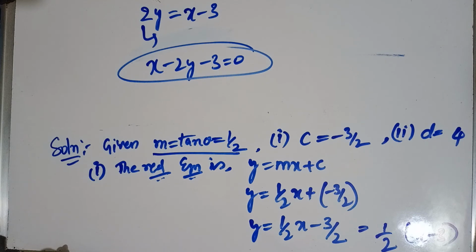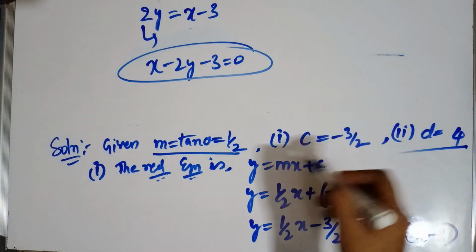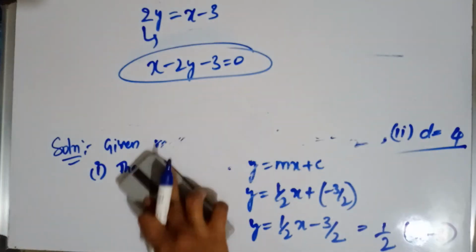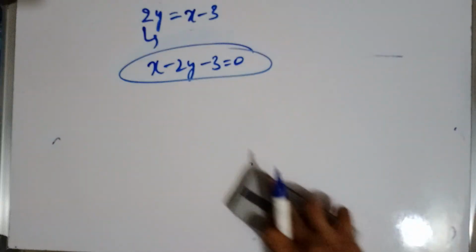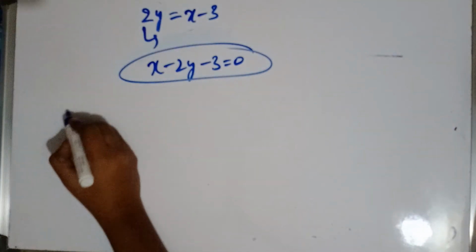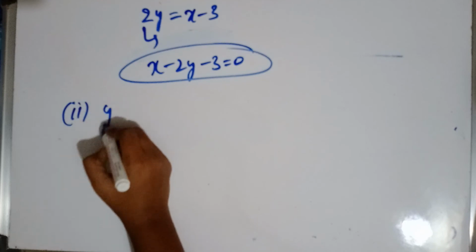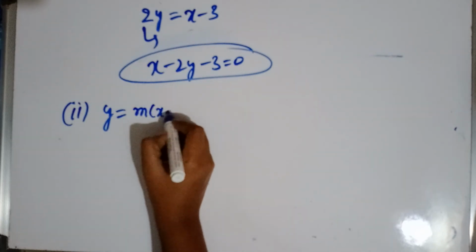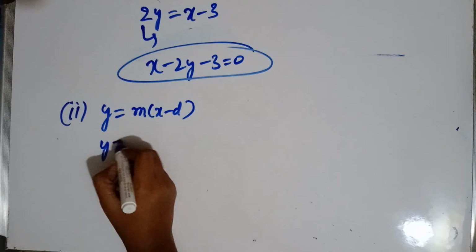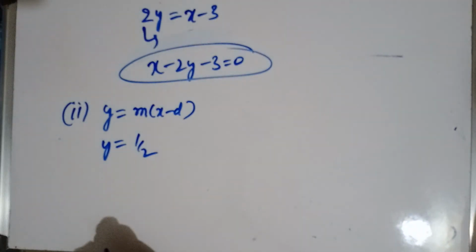Okay, now let us find out the equation of straight line with slope m and where the x-intercept is 4. So in the second case, the equation of line will be y is equal to m into x minus d. We know the value of m as well as d.